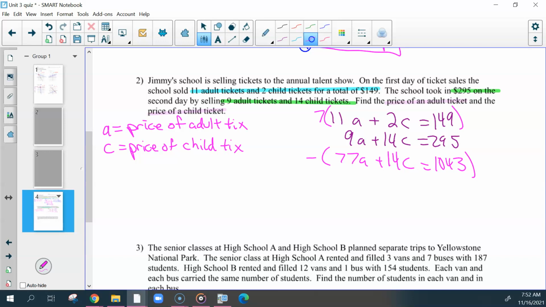My brain is not working today. So negative 68. A plus 0 equals negative 748. Many of you did that the other way, so you got positive 68 and positive 748, which is fine. As long as you get a positive at the end, you were good.